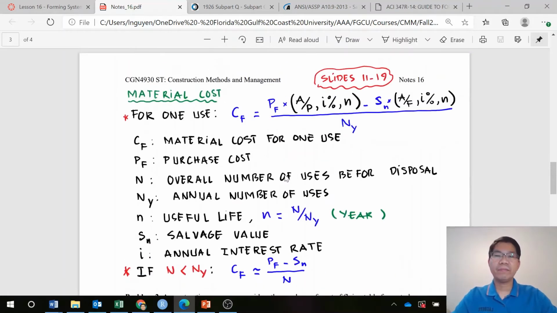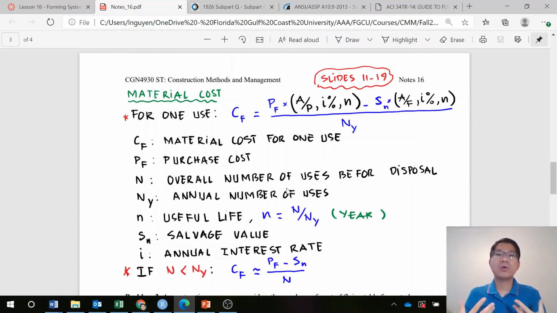If the overall number of uses is less than the annual number of uses, what does that mean? It means that because we use it a lot in one year, the formwork is already no longer usable before that year ends, with N less than NY. Then we assume that within one year the interest has some effect on the time value, but it's not so much.